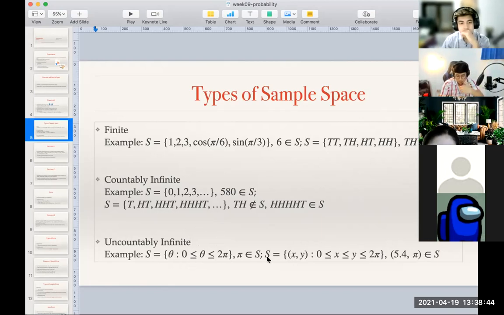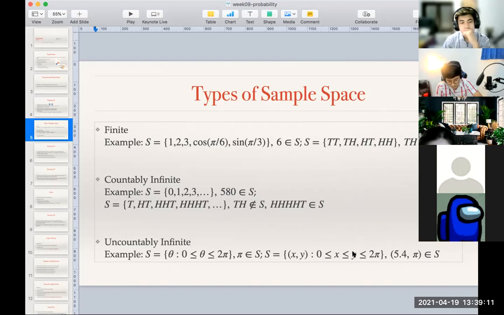Okay, so another example here, I have a sample space S, and in this sample space S, it has coordinate values X and Y, where the value of X should be greater than or equal to 0, but less than Y. And the value of Y itself should be greater than or equal to X, but less than 2 pi.